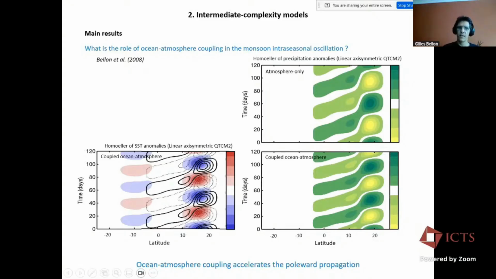And when you look at this in this coupled model, of course, you have an SST anomaly. Now you can see that essentially the SST anomaly is positive north of the precipitation and negative south of it. And so that's why the coupling accelerates the poleward propagation, right?